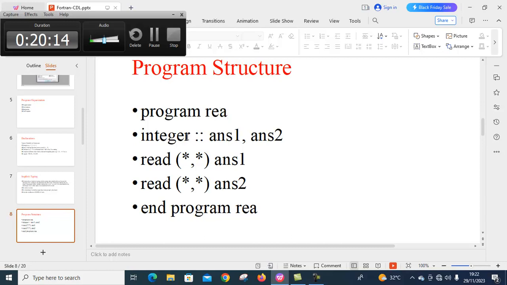Here I want to read an integer. We are talking about a variable here, integer. Answer 1, answer 2. You read ans 1, and you also read ans 2.